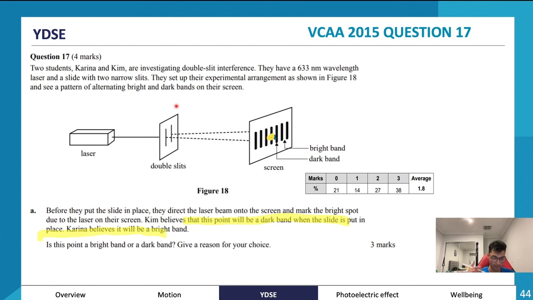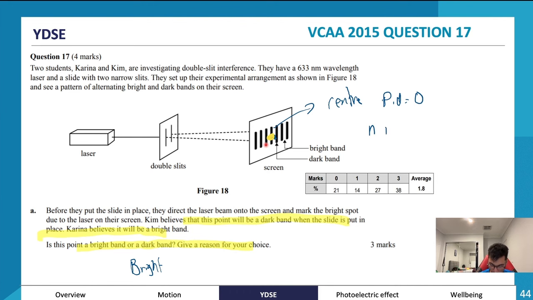If I were to put the double slit back, the question is, will this spot, the center, be a bright band or a dark band? And this spot is going to be a bright band. The reason is that we know this point is the center, and at the center, the path difference is equal to 0. If the path difference is equal to 0, n is a whole multiple of the wavelength.